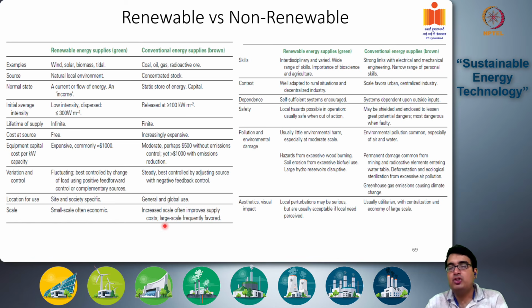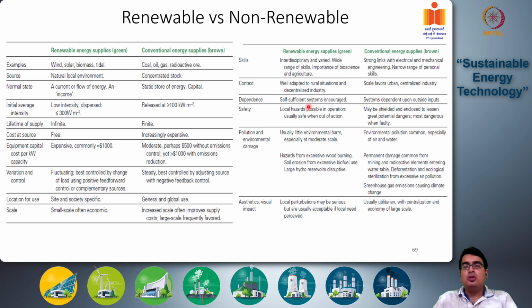So there is the issue of the scale at which you have good economic returns. The rest is not that important. Of course, pollution and environmental damage is less in renewable systems compared to non-renewable systems. We have been discussing this so far, and the rest are not that important differences.